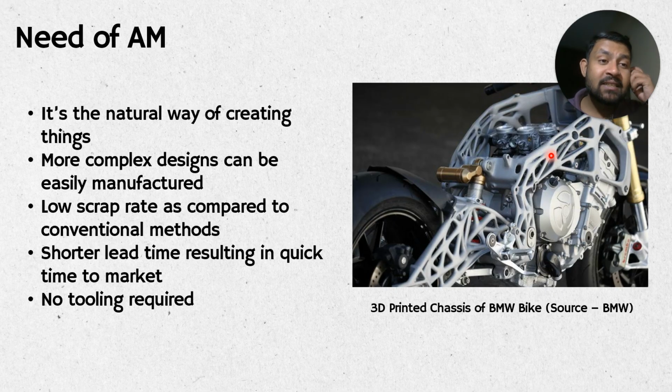Now, topology optimization is something which has come up with additive manufacturing, and it basically mimics natural designs in order to create a structural design. So that is why many of us say that additive manufacturing is the natural way of creating things. And like this, we can create more complex designs.